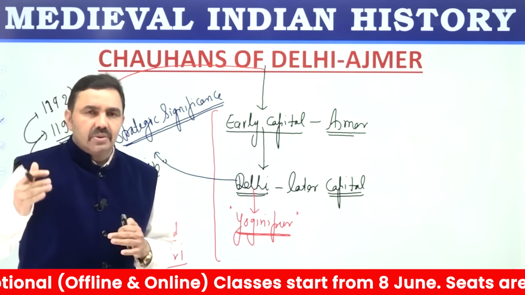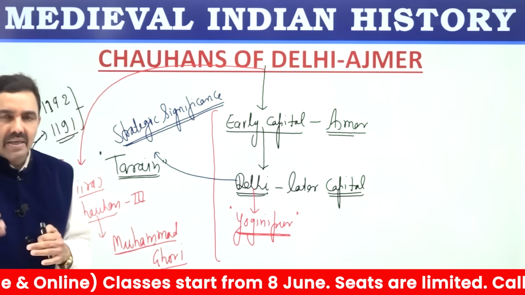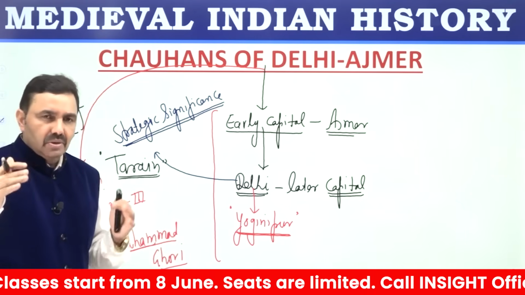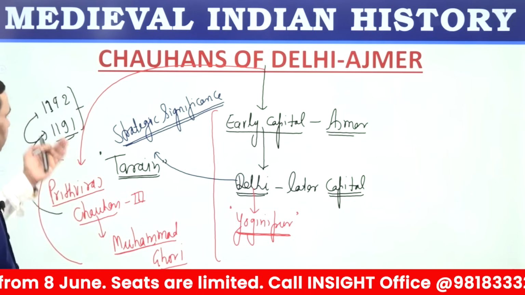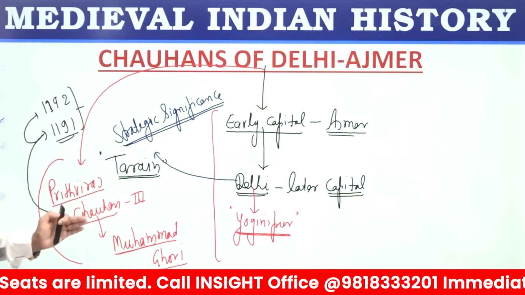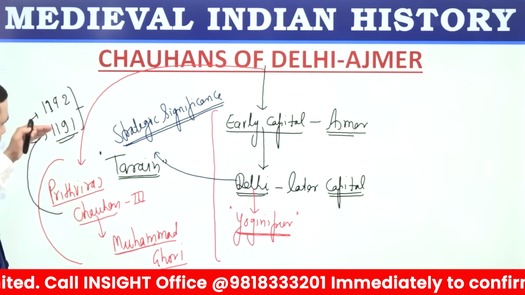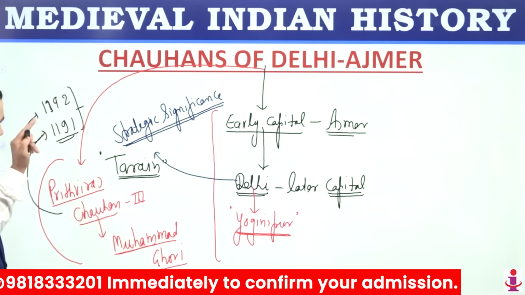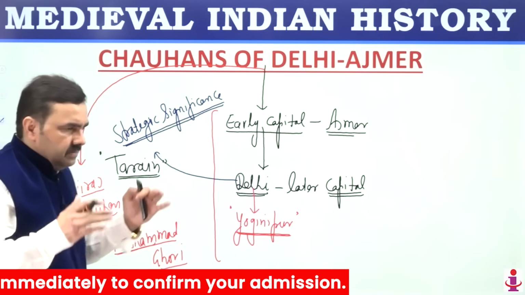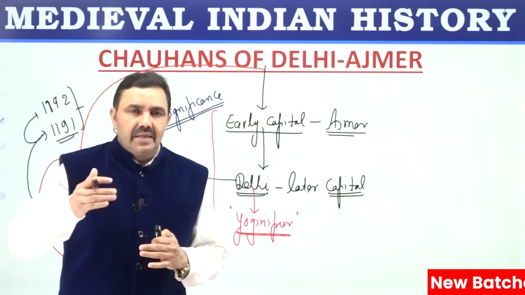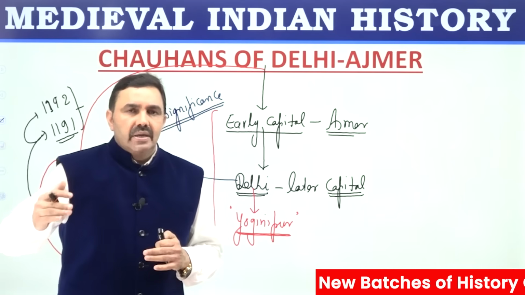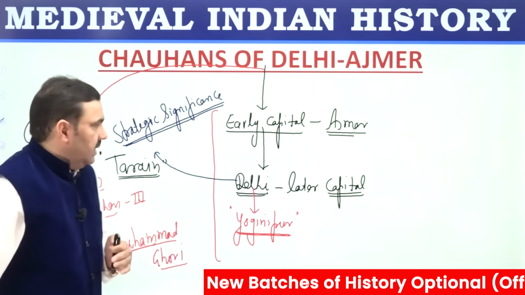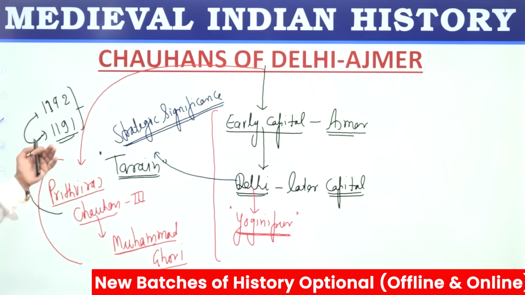That is why Jaichand supported Muhammad Ghori against Prithviraj Chauhan, and that small personal issue resulted in the Turkish conquest of India. So in the first battle of Tarain, in 1191, Prithviraj Chauhan defeated Muhammad Ghori. Ghori came back next year with more preparation, got the support of Jaichand also, and now defeated Prithviraj Chauhan.